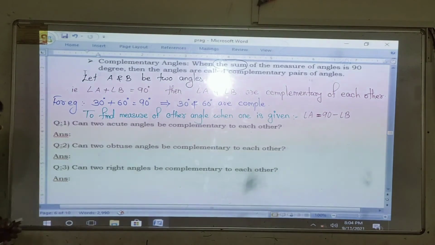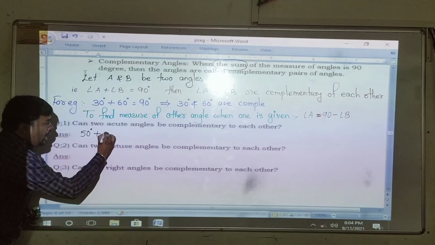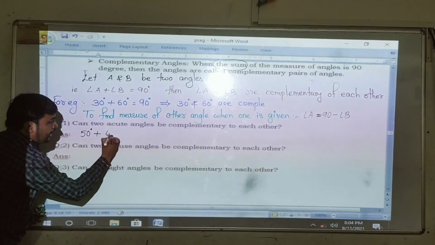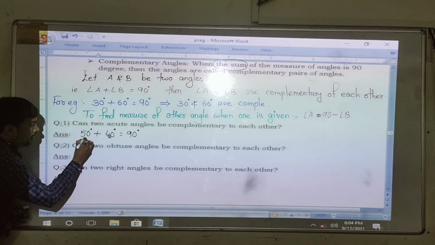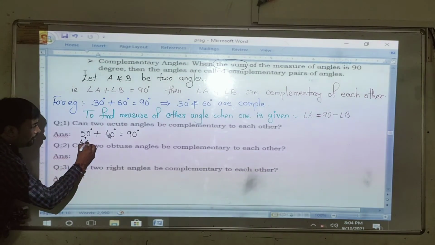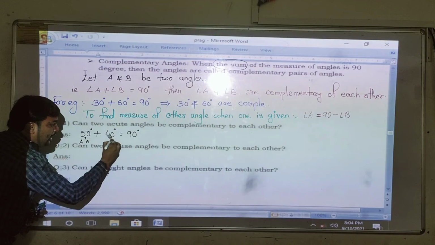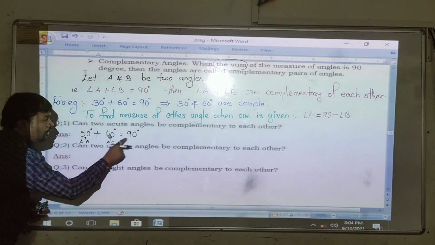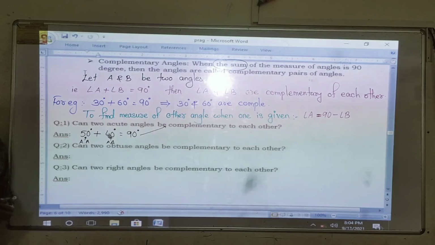For example, 50 degree plus 40 degree. 50 degree is an acute angle, 40 degree is an acute angle. Total 90, complementary.